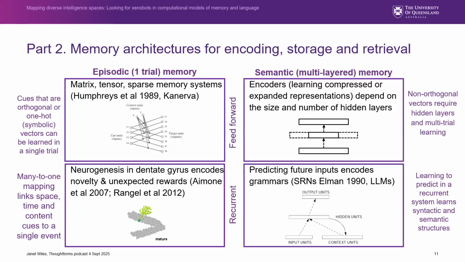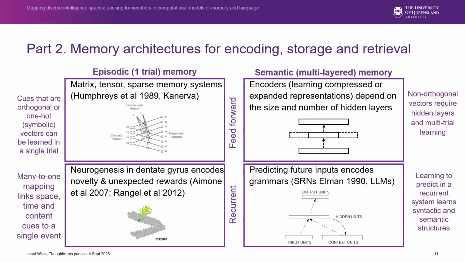The other episodic structures that I think are really interesting are the ones that model neurogenesis. So in dentate gyrus in the mammalian hippocampus, this is a region that has new brain cells that develop all the way through adult life, including adult humans. As I tell my students, they should go out and do a lot of exercise because it generates new cells in dentate gyrus. And then it's no good just doing a lot of sport. You actually need to do something to cause them to differentiate and integrate.